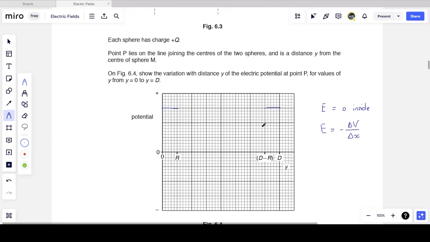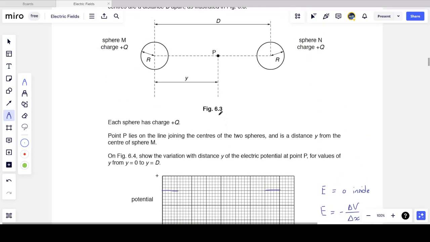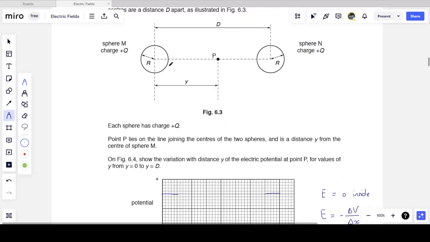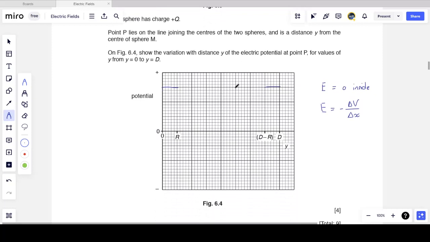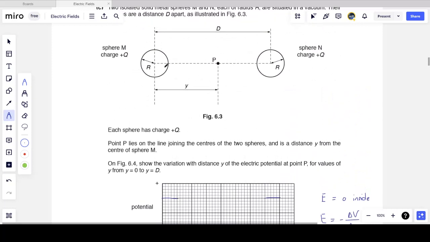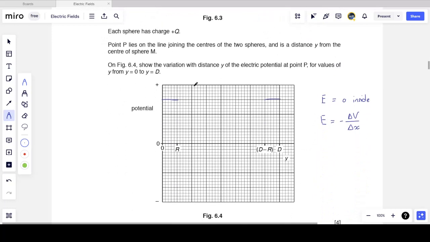Now I need to complete the potential as I go from the surface of sphere M to point P, to the midpoint rather, and then to the surface of sphere N. Now what I know is that closer to M, M will contribute more to the potential because we are closer to M, and potential drops with distance rapidly. It drops as a hyperbola.